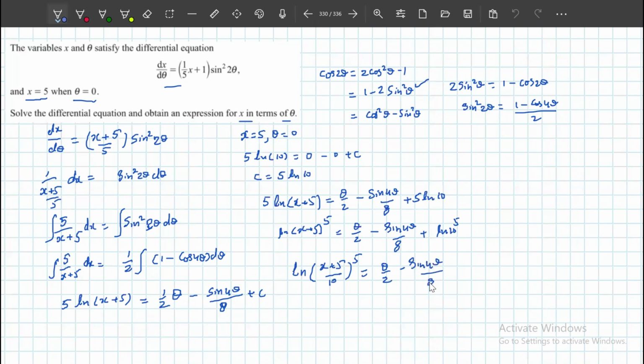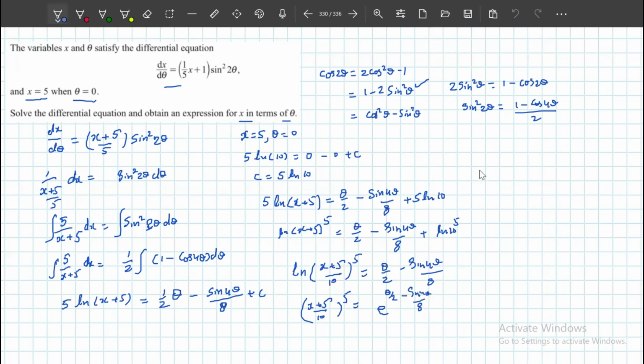And next step, by removing this log, we can bring in exponential functions. So here we have ((x plus 5) over 10) whole power 5, and on the right side it becomes e power (theta over 2 minus sine 4 theta over 8).